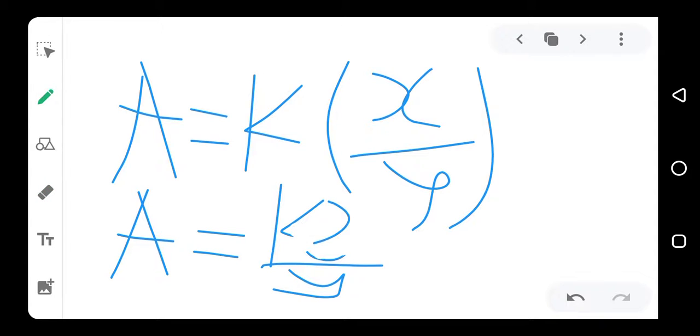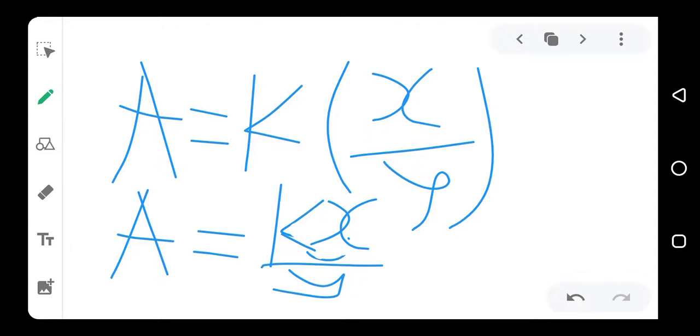If you are asked to look for the equation connecting the variables or the relationship between the variables, it means that you have to get the value of k and then put the value of k here and then put the variables. You shouldn't leave the constant as an unknown number. You have to find its value and put it. Then these variables should remain unknown.